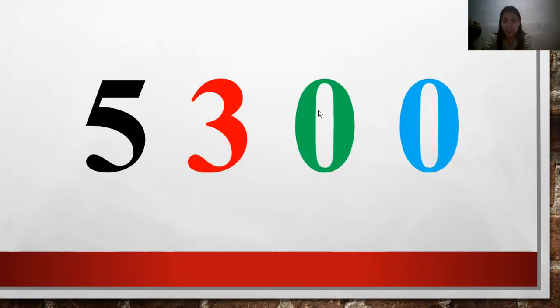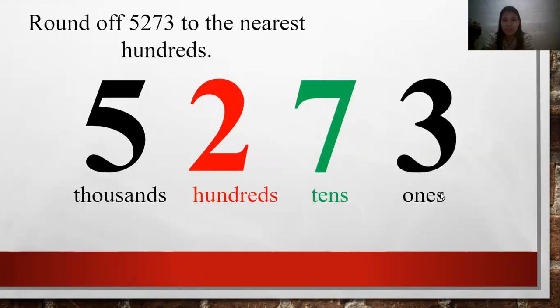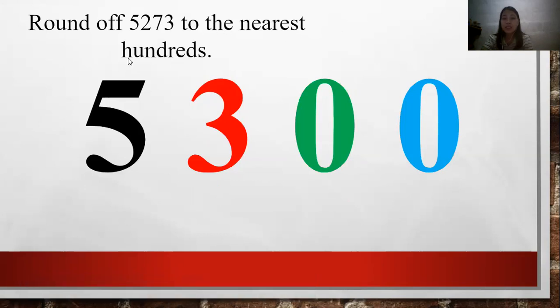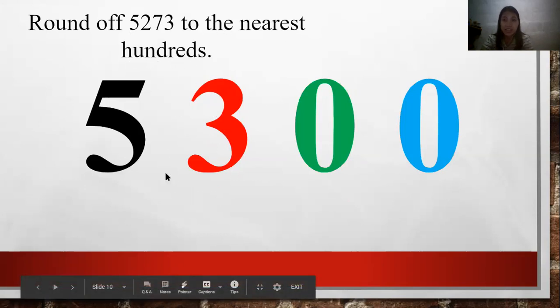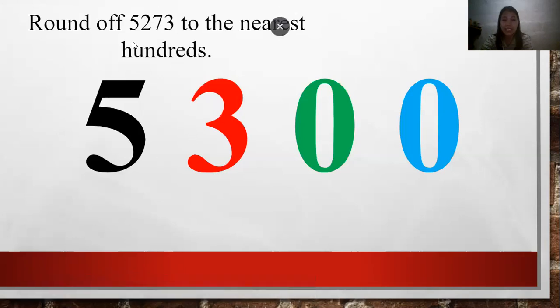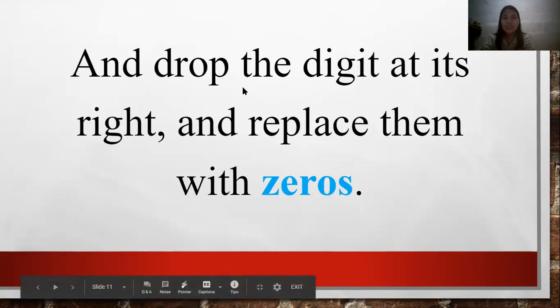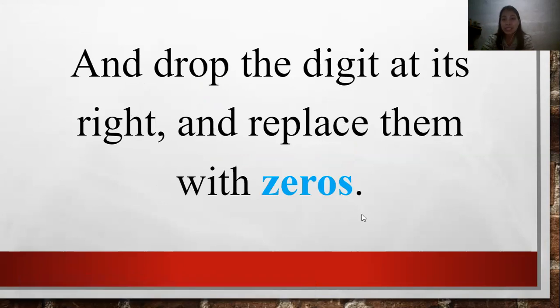Ayan. So, teacher, bakit naging 0, 0? Eh, di ba si 7 at si 3 po yun? Okay, so ganito po. Kapag na-round off na natin si 5,273 to the nearest hundreds, si 3 po yung tinutukoy kasi nasa hundreds si 2, kaya naging 3. Dinagdagan natin siya ng 1 galing kay 7. Naging 3 na siya. And drop the digits at its right and replace them with zeros.